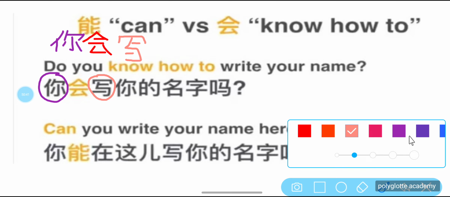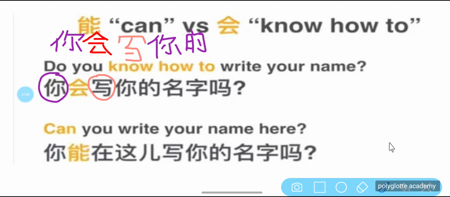And then we will have nǐ de. In this case, nǐ de has no brother. So we have nǐ, which is you, and then de comes to make it possessive. Nǐ de, which is your, and then we have 名字.